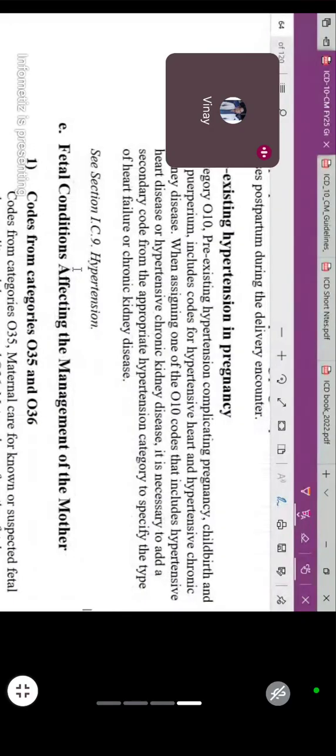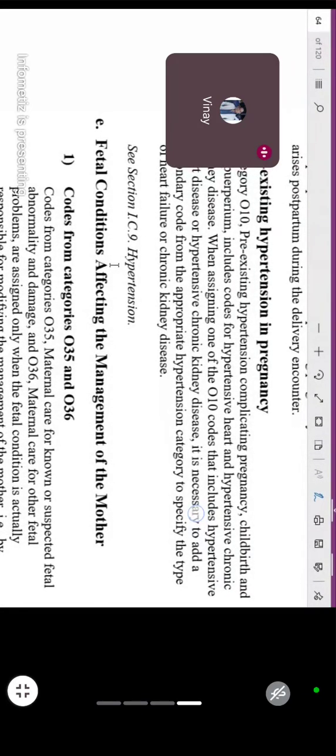Okay. Now, there are certain conditions which may develop during pregnancy, and it may be a pre-existing condition. Like pregnancy-induced hypertension, high BP. The lady is pregnant; before pregnancy she did not have a high BP problem, but during pregnancy she developed hypertension.